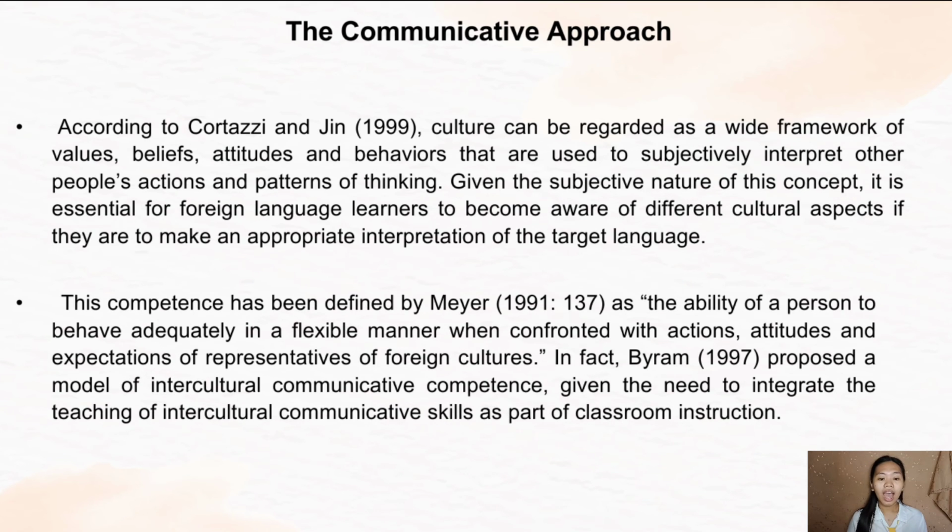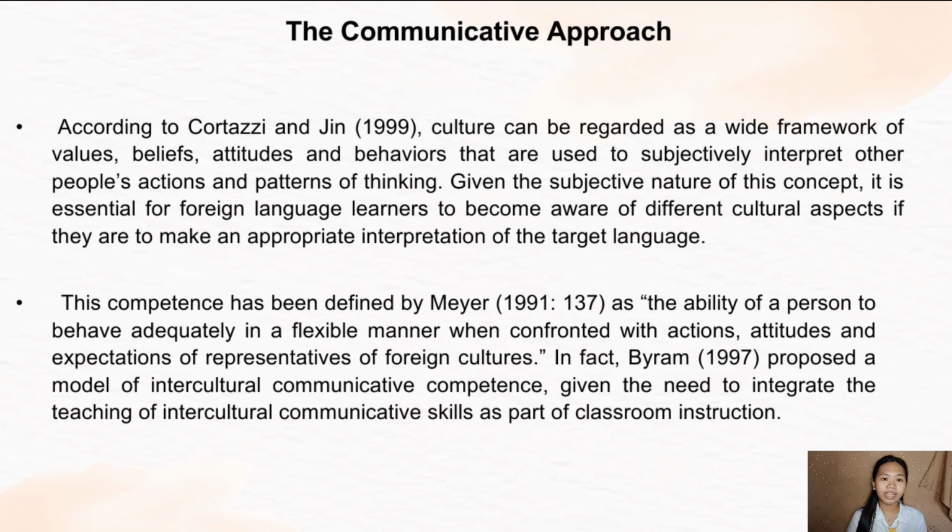According to Cortese and Jean in 1999, culture can be regarded as a wide framework of values, beliefs, attitudes, and behaviors that are used to subjectively interpret other people's actions and patterns of thinking.